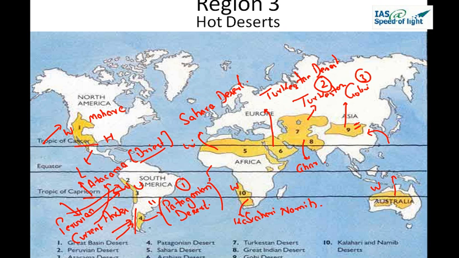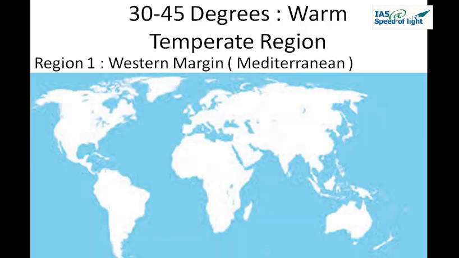So the reason is simple. The first one is the offshore trade winds, right? And the second is the cold current, the movement of the cold currents around the western coast of the continents. This is all about 10 to 30 degrees north and south, right?